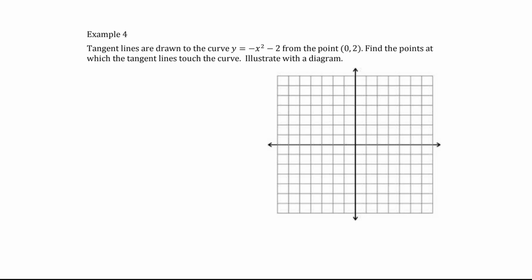But here we have a function, -x squared minus 2, so we know that it's going to be an upside down parabola, right? And we know that we are going to be drawing tangent lines from a point that is above this parabola. So immediately we can add this to our diagram, if again we have that same scale, which works well.